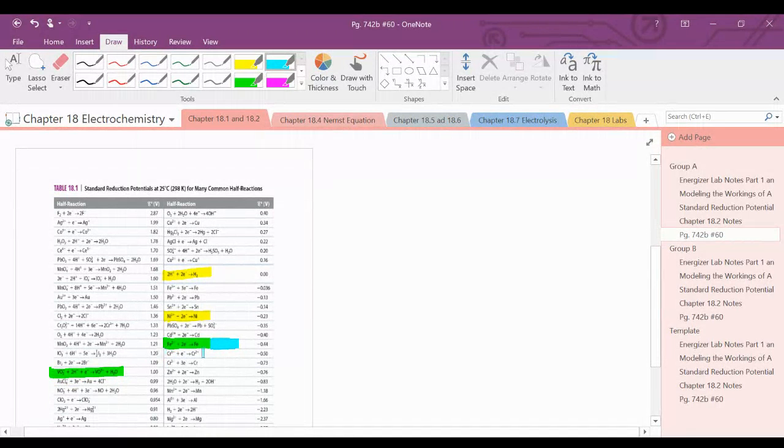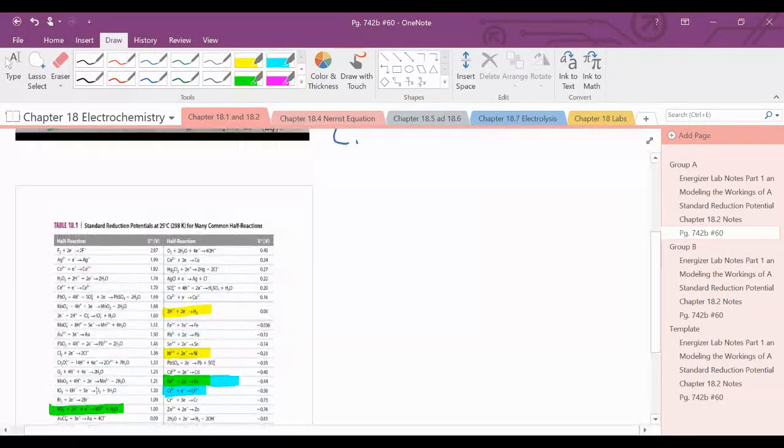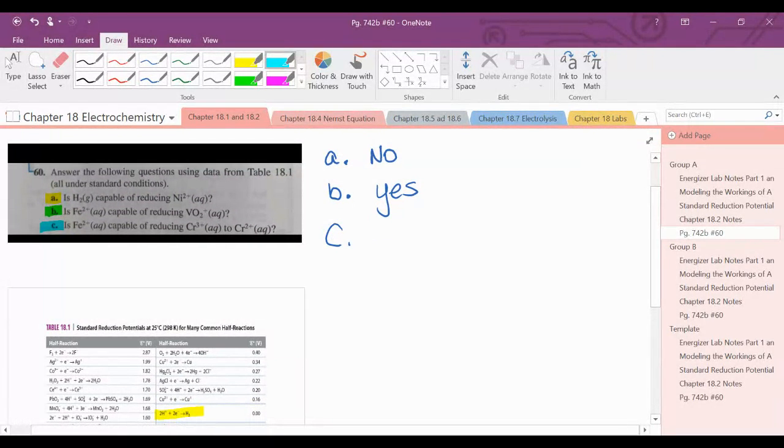So that would be here. In order for this to happen, the iron would have to be undergoing oxidation to be the reducing agent. The chromium would have to be undergoing reduction. It would have to be higher in the table. It is not higher, so the answer to this is a no.